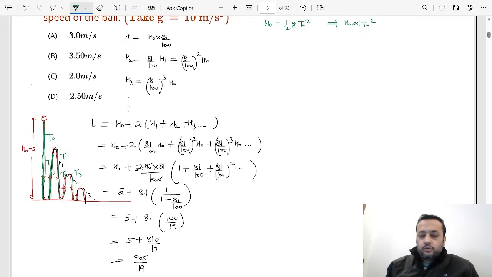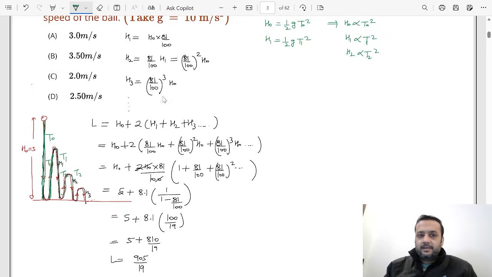Since the height through which the ball is falling is proportional to time square, we can say that h1 will be proportional to t1 square, h2 will be proportional to t2 square. So if I write the value of h1 here, that will be half into g into t1 square, right?